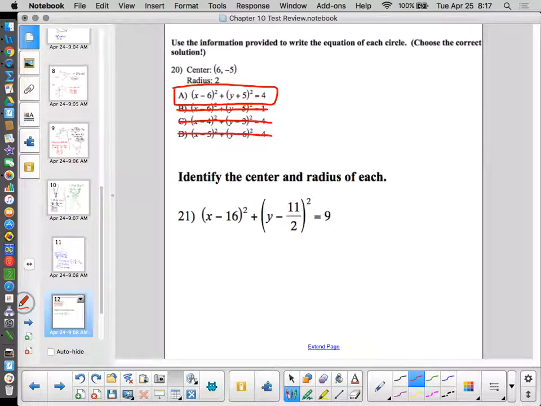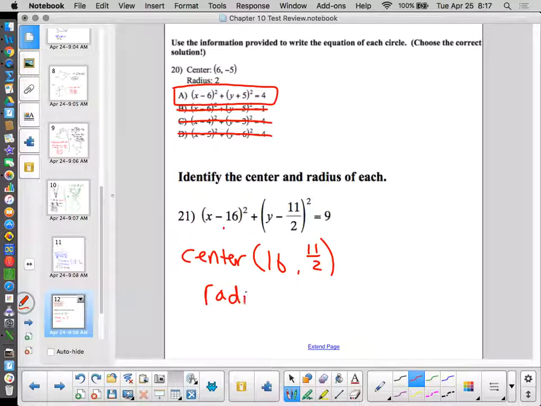Finally, identify the center and the radius of the circle. So the way we do that is write center. Center is always coordinates, so it needs parentheses, because coordinates always need parentheses. Where's the center for this? X equals 16. Y equals positive 11 halves, because it's always the opposite sign.